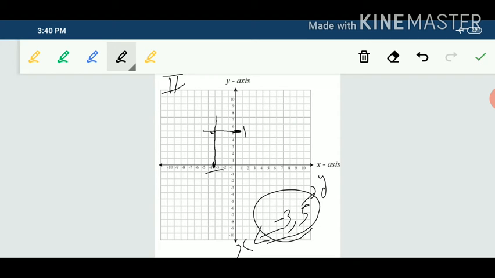Where these two perpendiculars intersect each other, that is the given point (-3, 5). You can give any name to this point, like I am taking D. You can take any alphabet. This is the way to show the coordinates in the Cartesian plane.